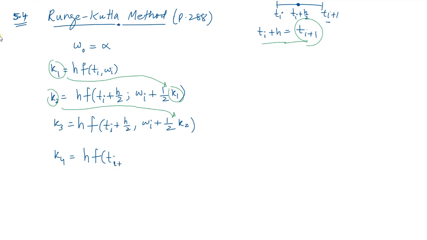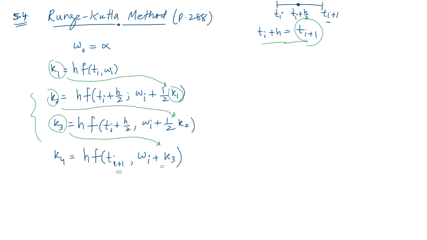So this is ti plus 1, the next point, and here we use k3. But you see again, wi plus k3, not half k3, because we did not use half here. In the first 2 middle points there is half, h by 2 and half k by 2.